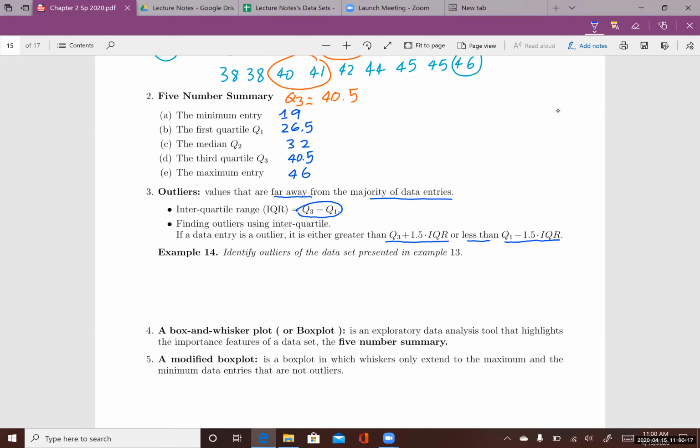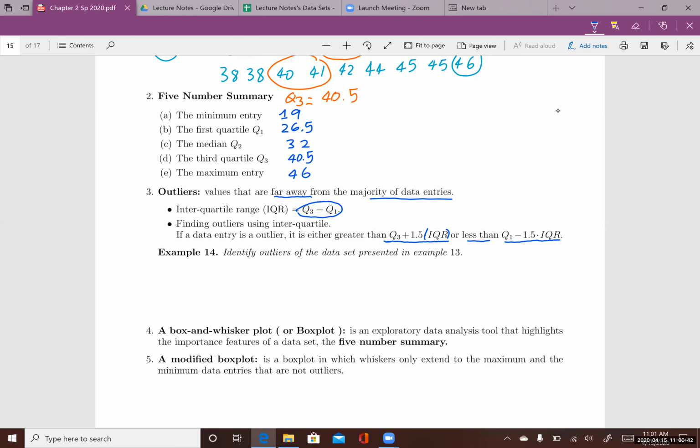So you find IQR, take 1.5 times IQR and add it to Q3, and you get an upper bound. Any value greater than this number will be an outlier, and any value smaller than the lower bound will be too far away on the left, and will also be an outlier.